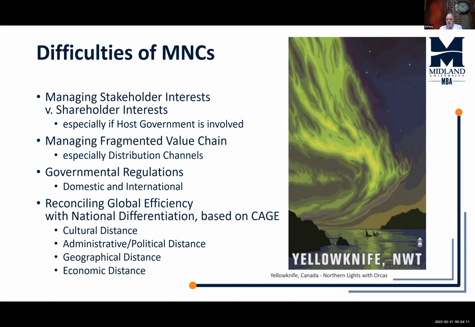Cultural difference being the C, administrative and political difference being the A, geographical distance, how far away is it being the G, and then the economics being the E. So these are other extremely important items that require a different mindset to manage, to envision, and then to manage.